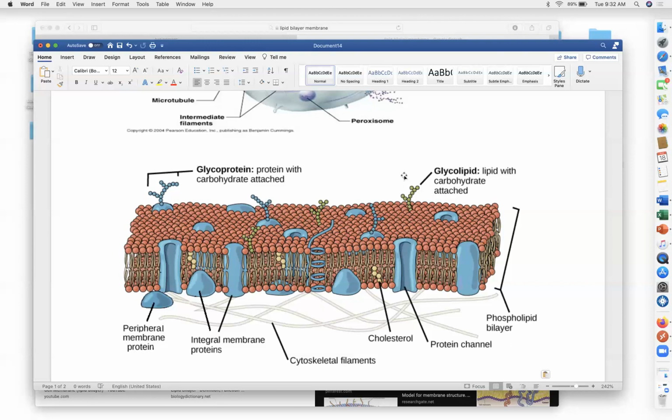Lipid is fat, right? Or glycoproteins, which is made out of sugars and proteins that do two things. One, it acts like a lock and key mechanism for these protein channels. Two, it also identifies the cell chemically. So based on the chemical structure of what this is, we can also identify what cells are.